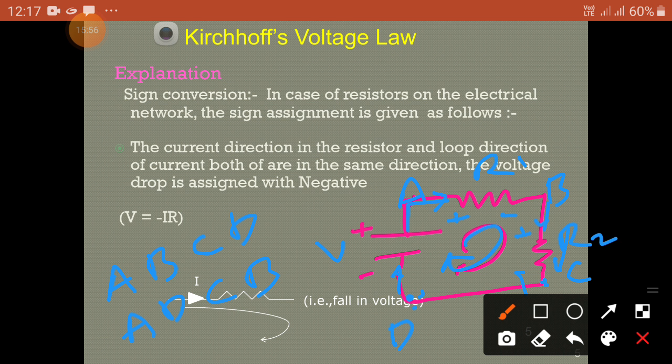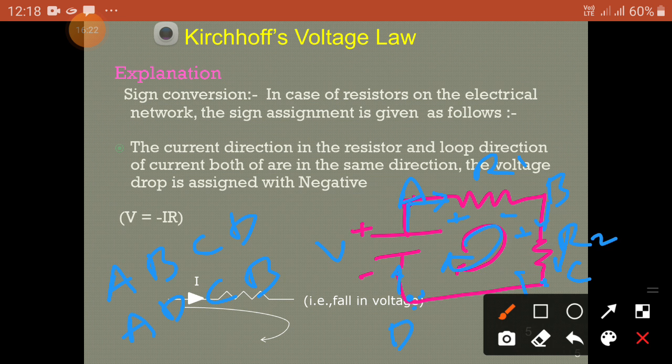It is not wrong. Finally you are going to get the values, whether positive or negative. If it comes out positive, your assumptions are well and good. Otherwise, in some places there may be changes, and you have to change the direction of the current flowing through the resistors or loads. That is a thing you have to remember.